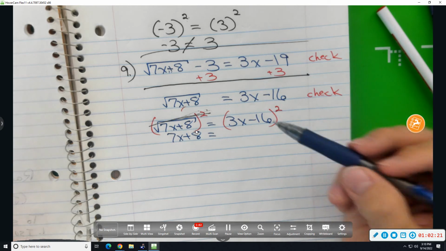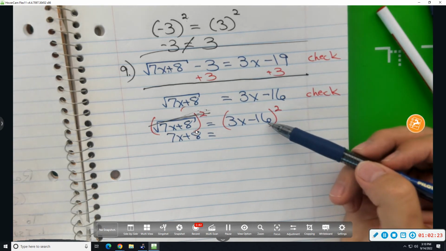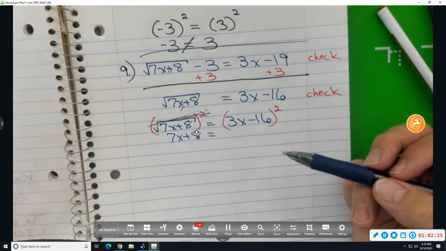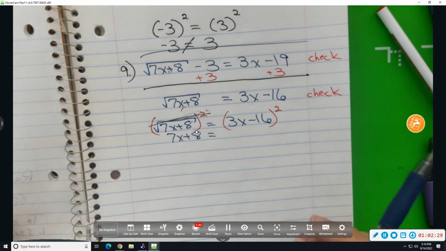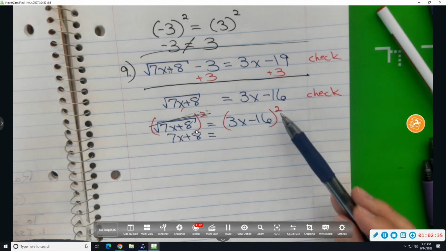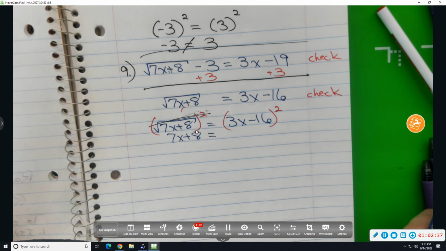On the right side, it's not just 3x squared and negative 16 squared. This reminds me of one of the problems in homework 2. We had something like 3 plus 7i quantity squared. Two terms being squared. What are we going to have to do to square that 3x minus 16?